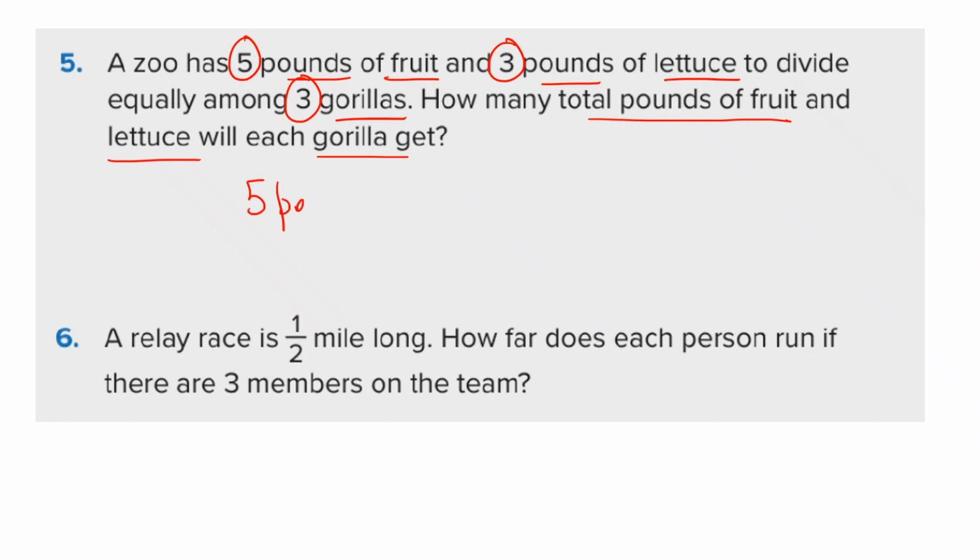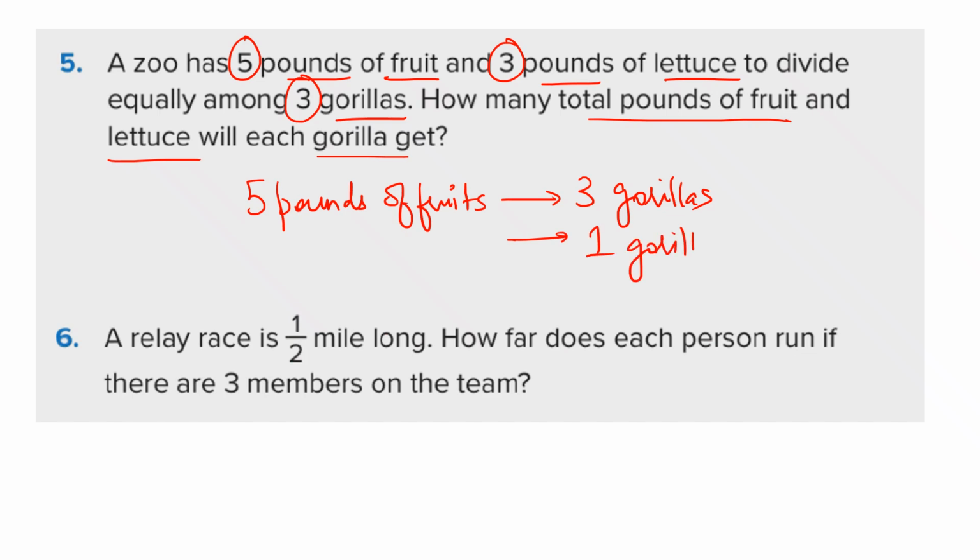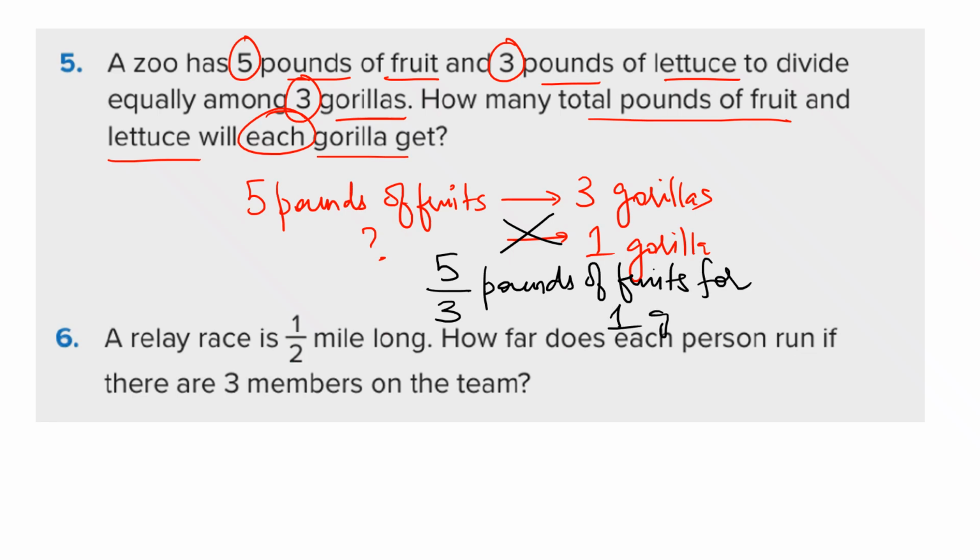So 5 pounds of fruit for 3 gorillas. So for one gorilla, how do you know it is one? Because it asks for each. How many pounds? Let's do multiplication the same way. So when I multiply, 1 multiplied by 5 is 5 and divide by 3. So 5 by 3 pounds of fruit for one gorilla.